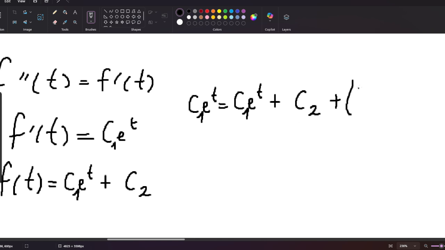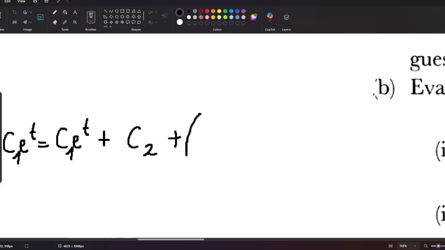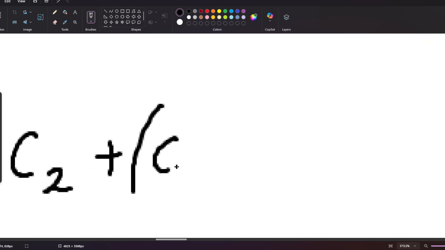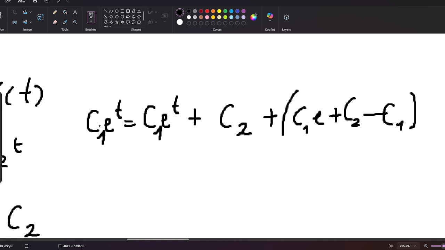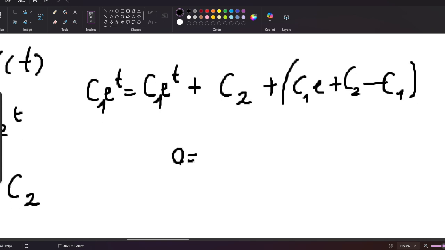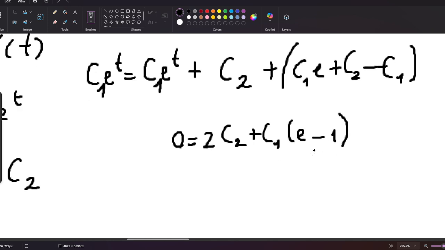Oh wait, let's just write the brackets instantly. It's going to be something like c1 times e plus c2 minus c1. So obviously this cancels. We have just 0 equals 2 times c2 plus c1 times e minus 1.